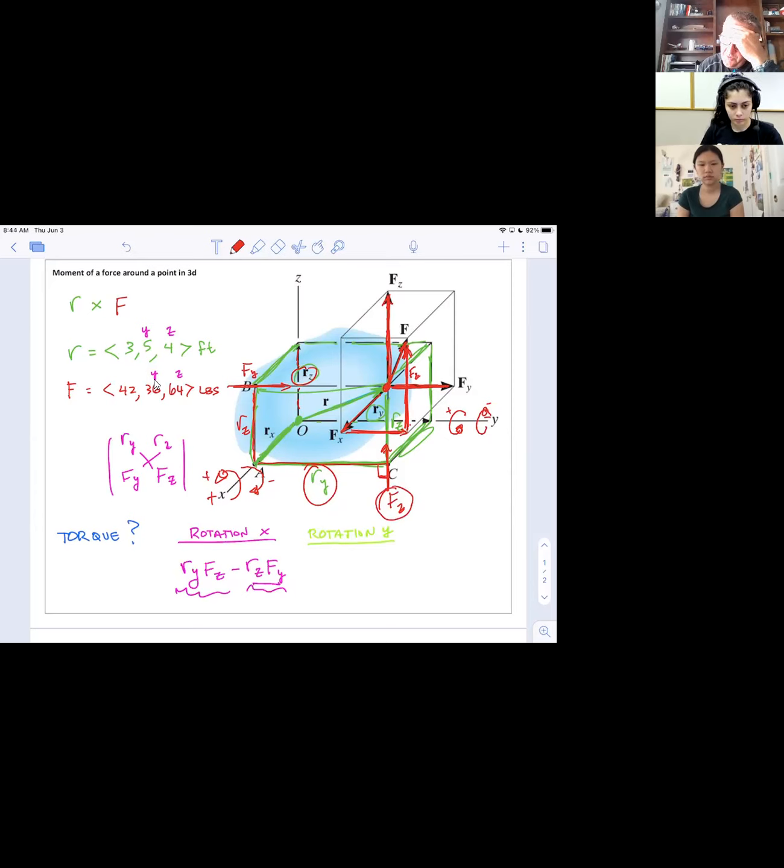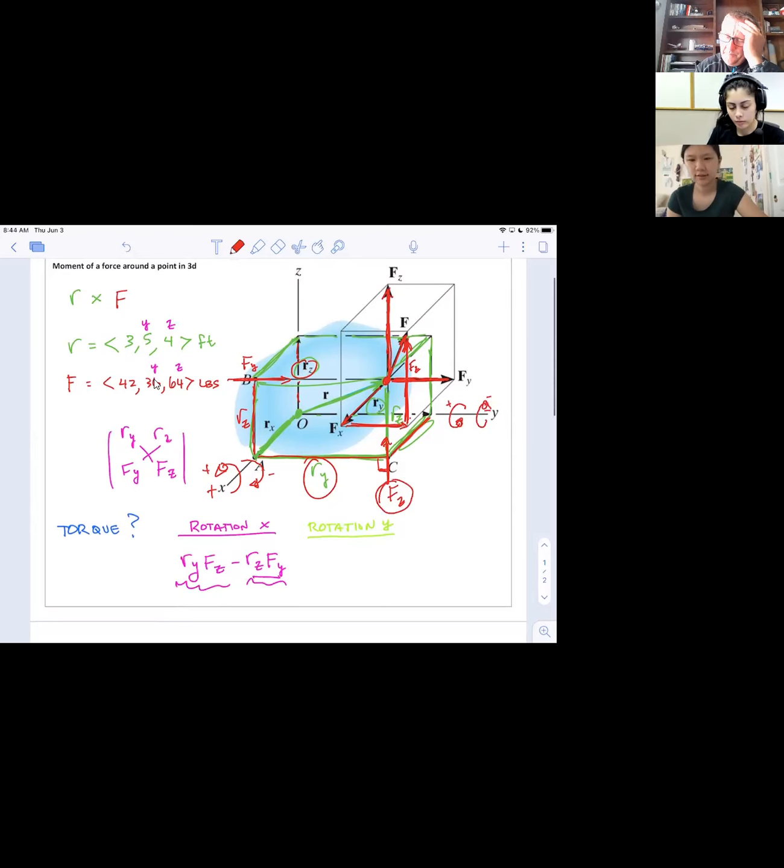That's going to cause rotation around Y. What's its distance? Isn't that how far it is? Perpendicular. That's radius X. Isn't that radius X over there?